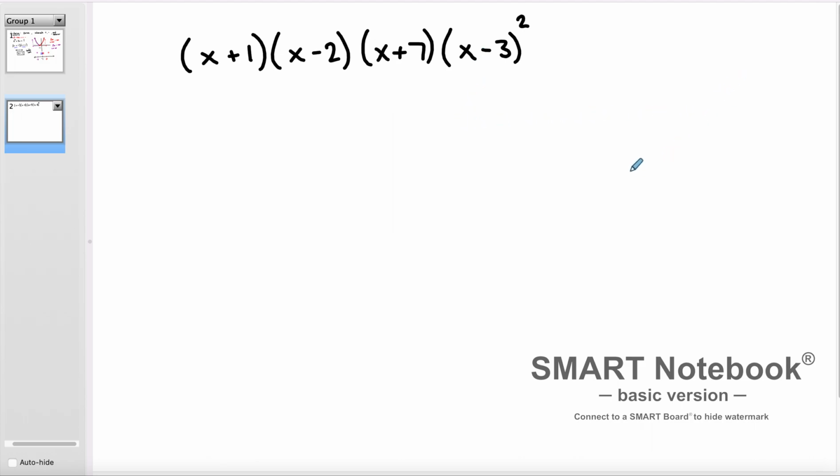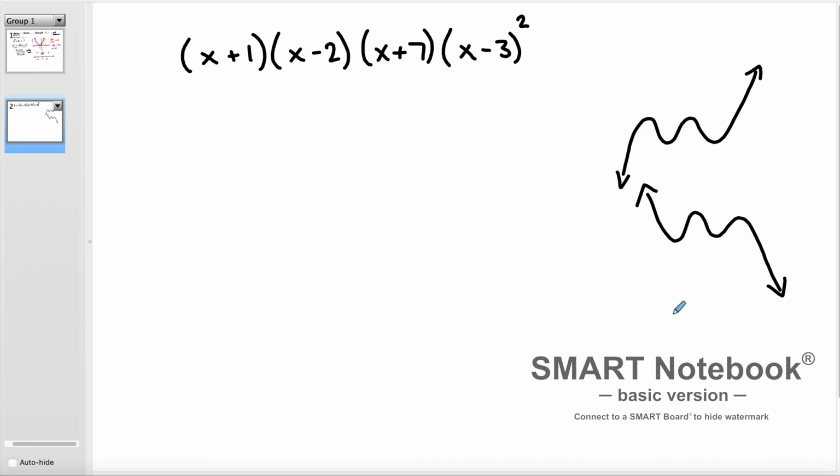And so it's going to look something like either this, or it's going to look like this, right? Odd degree polynomials end up splitting directions, tending towards negative infinity and positive infinity on either end. And so just have this general intuition as we begin. This is a degree 5 polynomial with these general shapes.